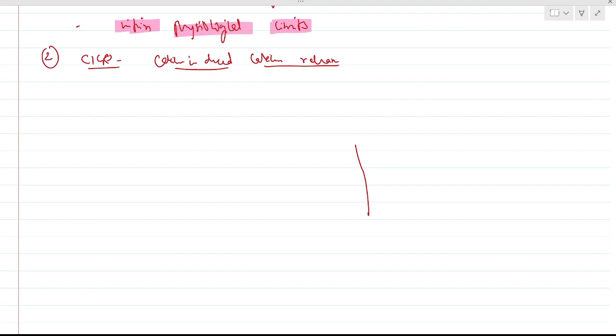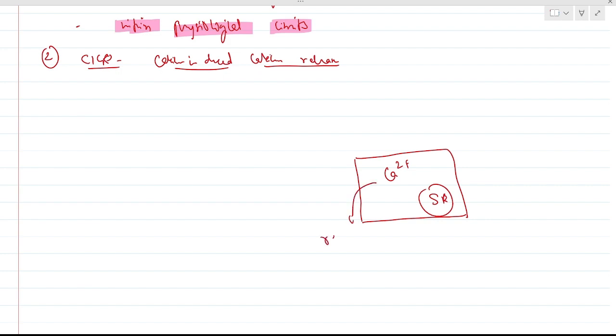Suppose this is a myocardial cell in the heart. Now this is our sarcoplasmic reticulum, which obviously contains our calcium ions. As calcium is released outside, for this release, extracellular calcium is needed.